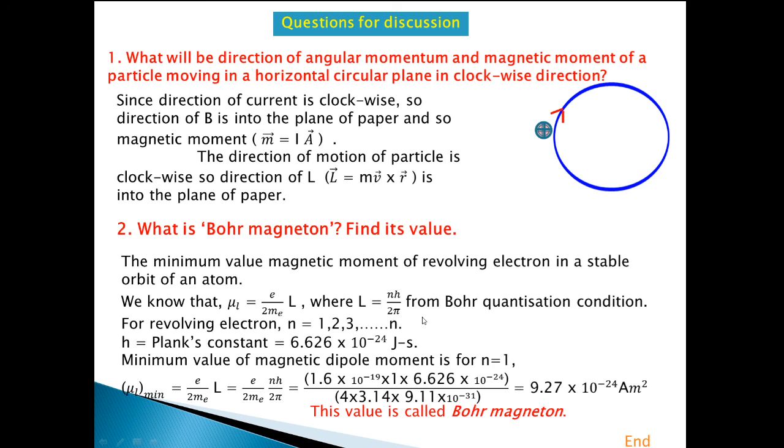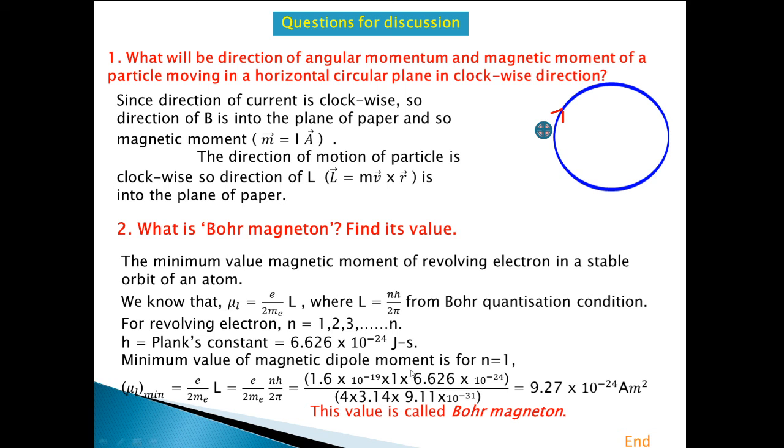It is the quantized condition of Bohr's atomic model for a stable orbit. For the revolving electron in different stable orbits, n equal to 1, 2, 3 and so on. Here h is the Planck constant, whose value is 6.626 into 10 to the power minus 34 joule second.